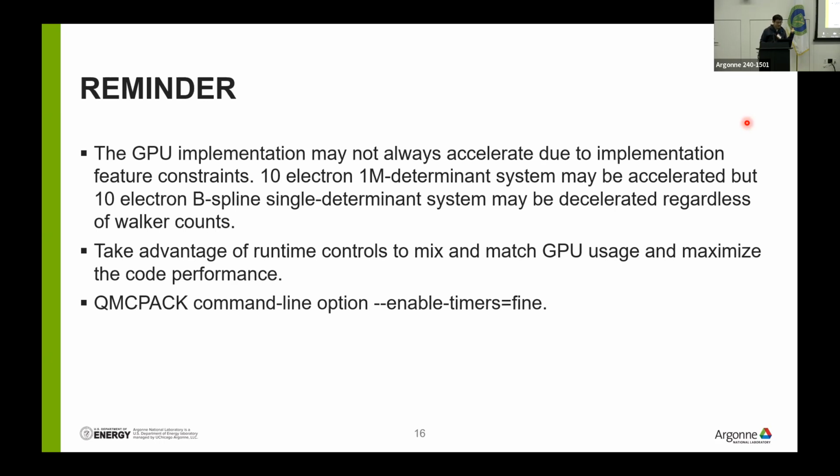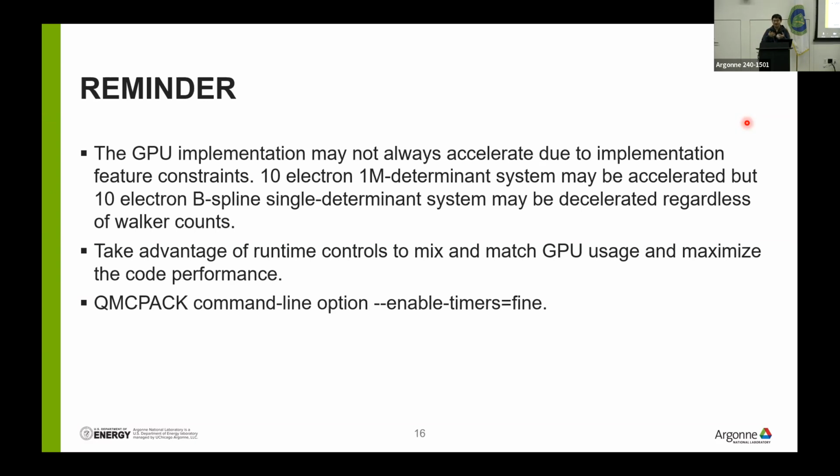Second, take advantage of runtime control to mix and match GPU usage and maximize code performance. As I've shown, you can run the inversion on the host to save memory. You may switch off certain features. I don't remember there being such a case, but it could happen: there's a feature that only works on a small number of things, and when it works on large problems, it goes out of memory.